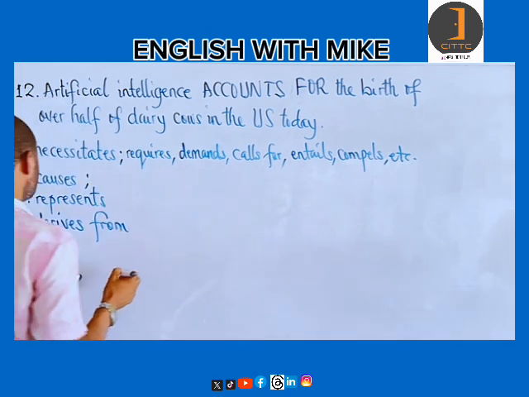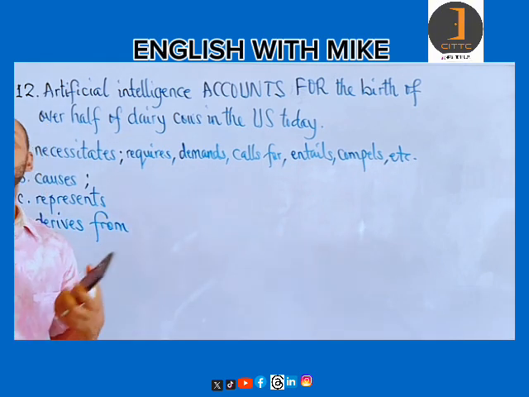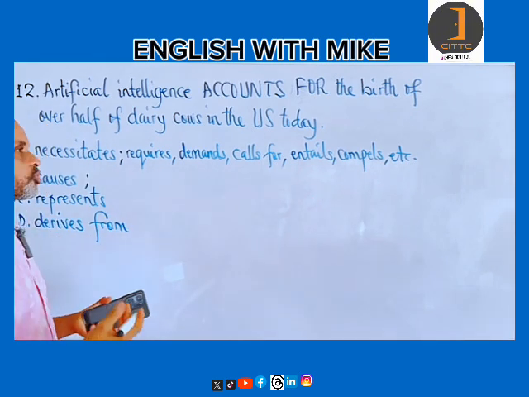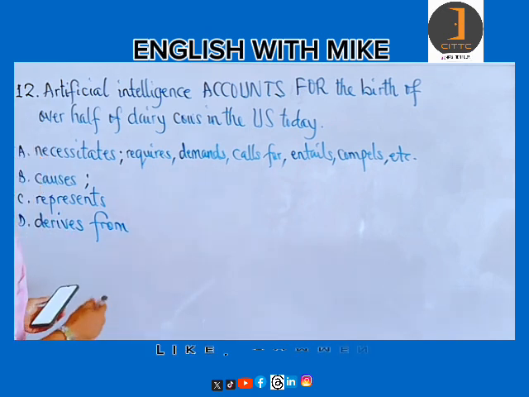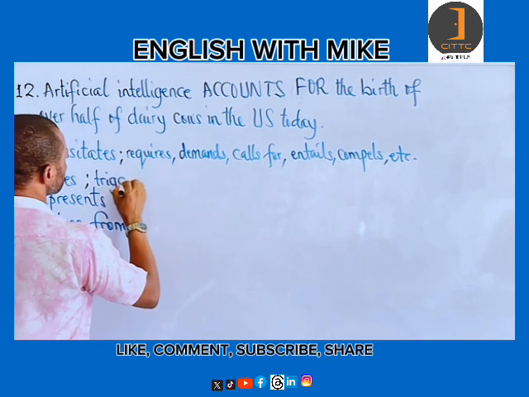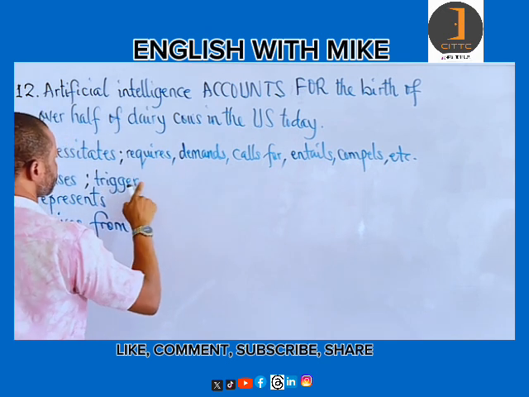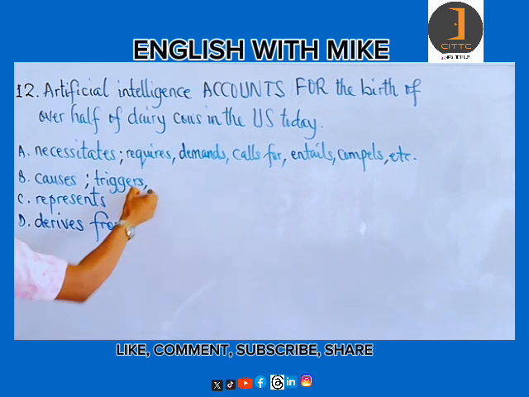How about causes? What are synonyms for causes? To cause is to bring something about. So what are the synonyms for causes? Here we would have trigger. To cause is to trigger, but we must add an S here again. Causes, triggers.